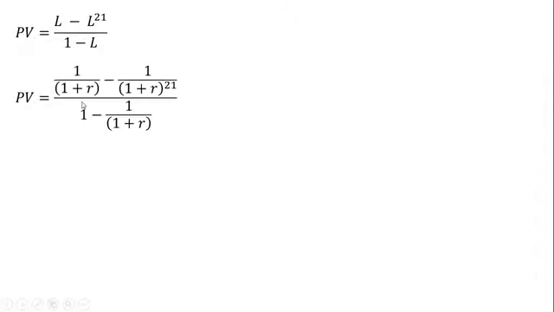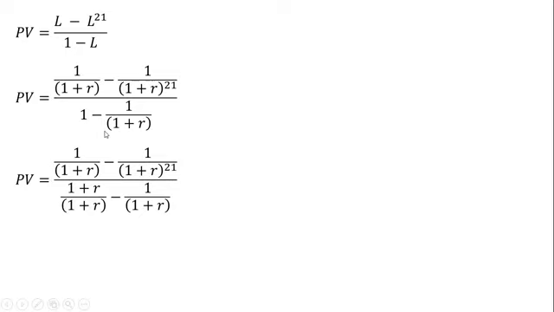Once again, just rewriting that result. And now where I have L, I'm going to put in 1 divided by 1 plus the discount rate or interest rate. And we get this result. Let's just mathematically simplify it a little bit. Let's get a common denominator down here in the denominator.